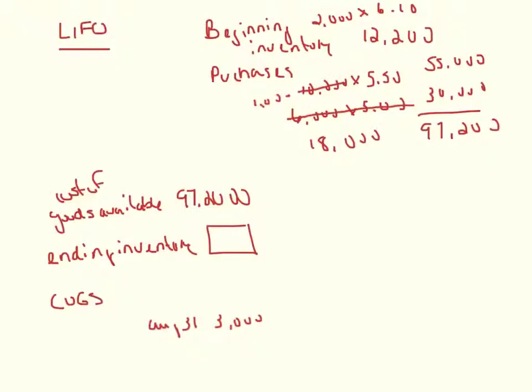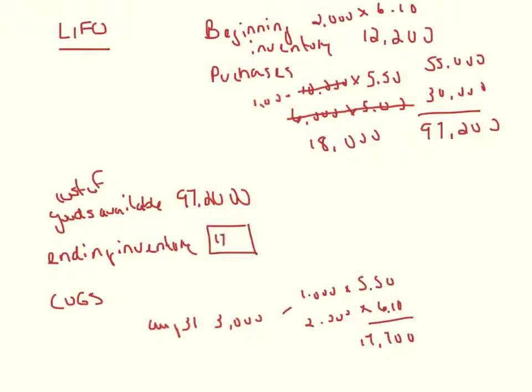So we're going to price out this 3,000. 1,000 will be from the layer that you purchased on August 14th at $550. And then you've got your first layer, the 2,000 units at $610, to come up with your ending inventory of $17,700.